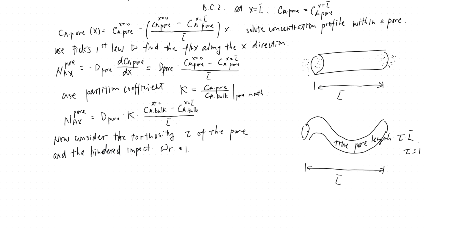So we consider the hindered effect as a correction to the bulk diffusion coefficient.